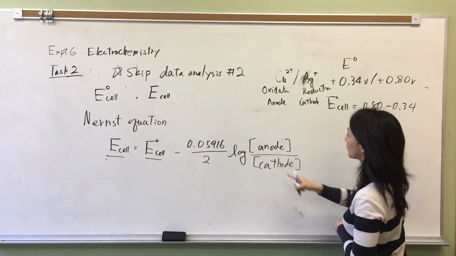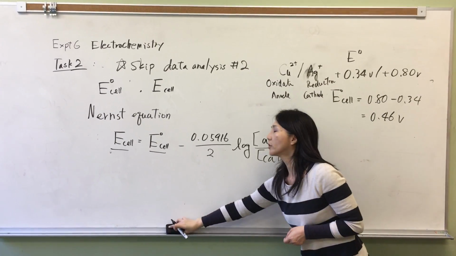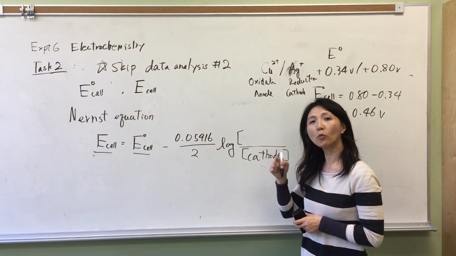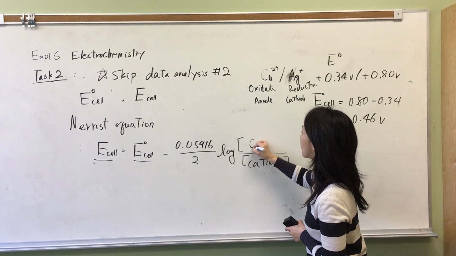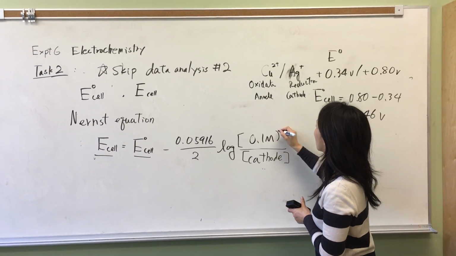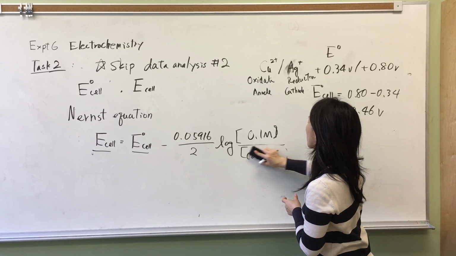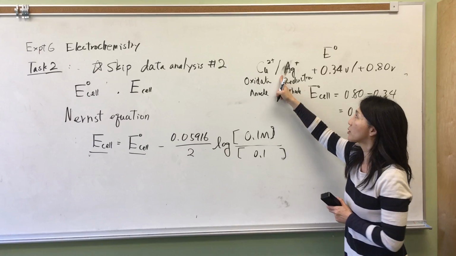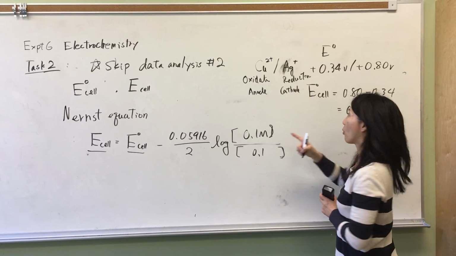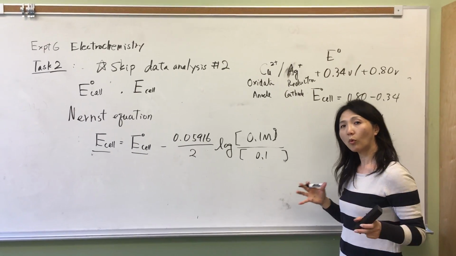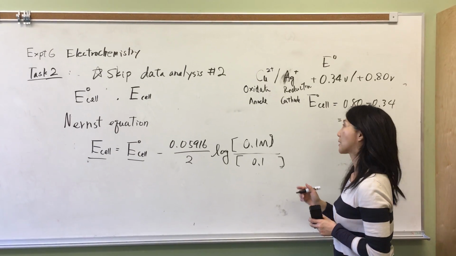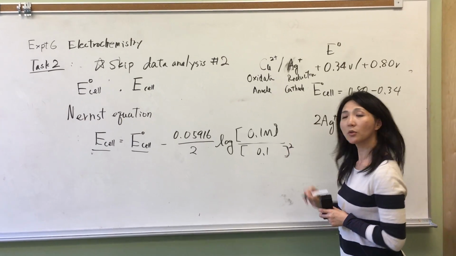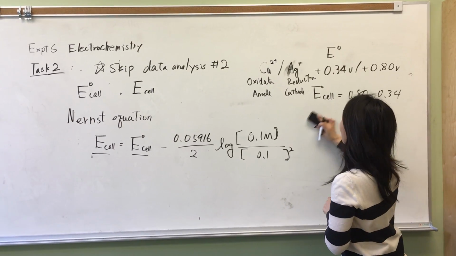The concentration for the anode is, you remember, 0.1 molar, so copper is 0.1. Silver is 0.1 as well, but silver has only 1 electron. When you write the whole overall redox reaction, it's gonna be 2 silver, so this one is gonna be squared.